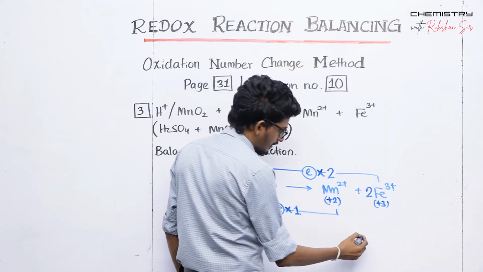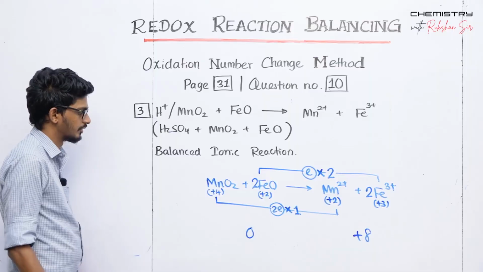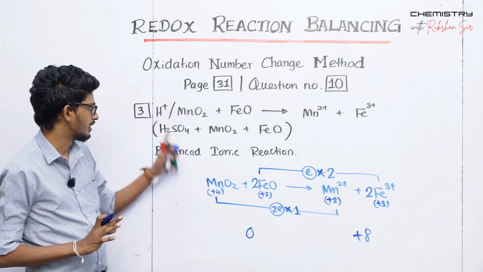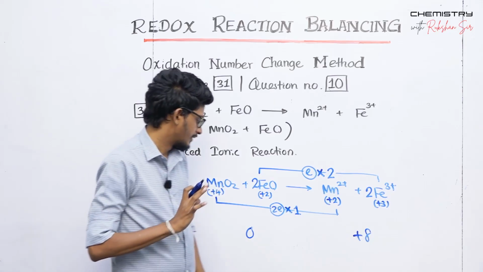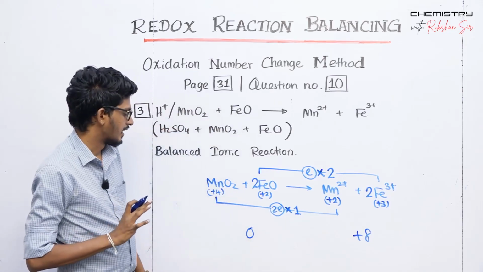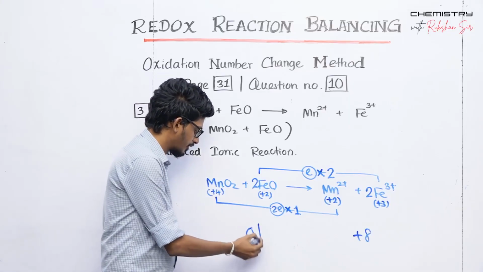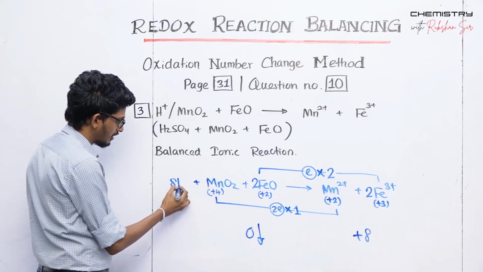Another +2 is there, +8. So 8 units of difference. So you need to come up with 8 H pluses to balance this charge because the medium is acidic, right? So 8 H pluses should be written at the side with least positive nature. So this is the least positive side, right? So to that side, the 8 H pluses should be written.